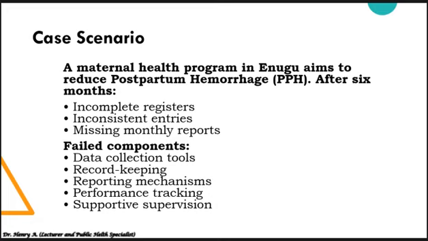Now let us look at the data tools that need to be improved. They need to improve their ANC register. They need to also improve on their delivery registers. Those who come for ANC, their registers should be improved. Those who come for delivery, their registers should be improved.